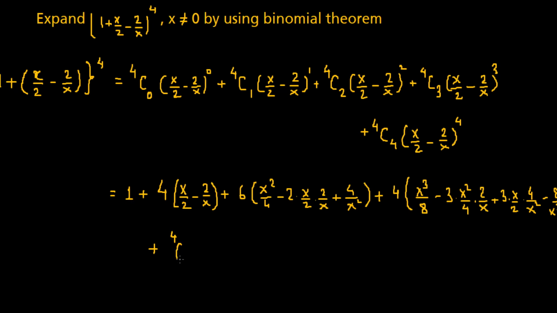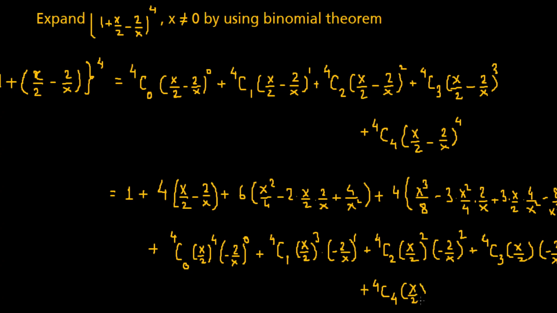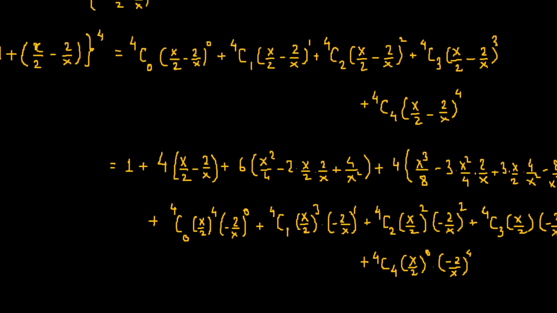So this is 4c0 x over 2 raised to the power of 4 times negative 2 over x raised to the power of 0, plus 4c1 x over 2 raised to the power of 3 times negative 2 over x raised to the power of 1, plus 4c2 x over 2 raised to the power of 2 times negative 2 over x raised to the power of 2, plus 4c3 x over 2 raised to the power of 1 times negative 2 over x raised to the power of 3, and the final term 4c4 x over 2 raised to the power of 0 times negative 2 over x raised to the power of 4. That was very lengthy.